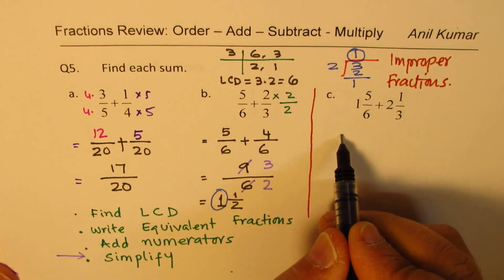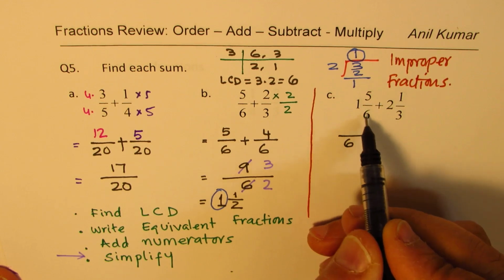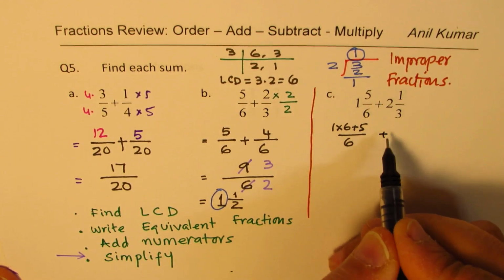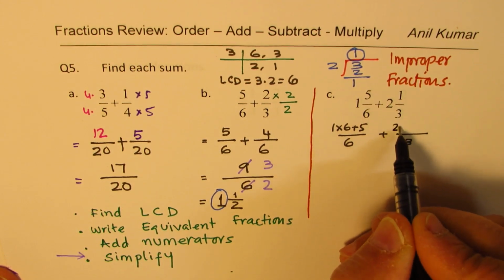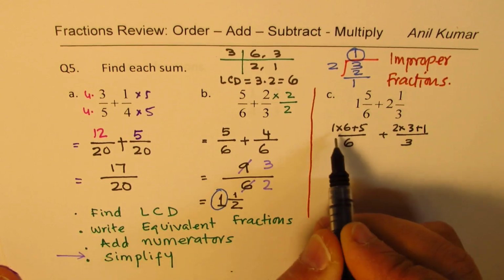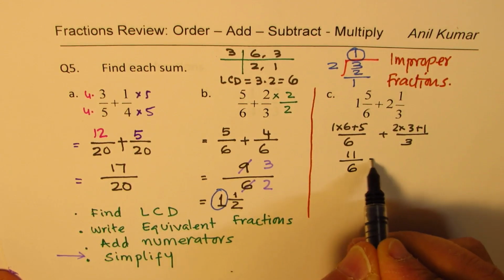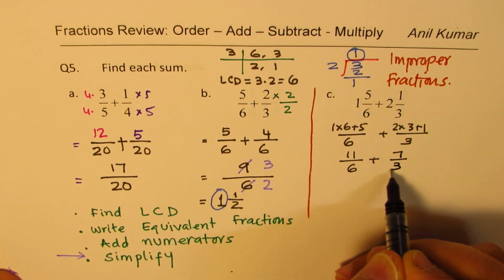So we always have the same denominator, which will remain as 6. In the numerator, I have to multiply 1 by 6 and then add 5. Similarly, for the next one, denominator will be 3. I'll multiply 2 by 3 and then add 1. 1 times 6 is 6, 6 plus 5 is 11, so we get 11 over 6. And here, 2 times 3 is 6, 6 plus 1 is 7, we get 7 over 3.